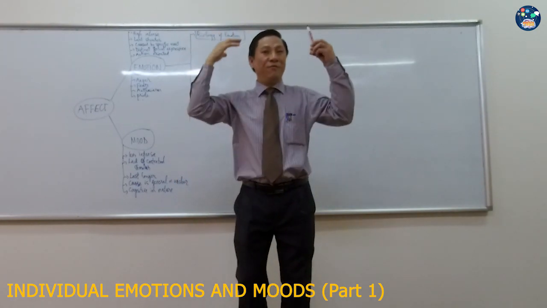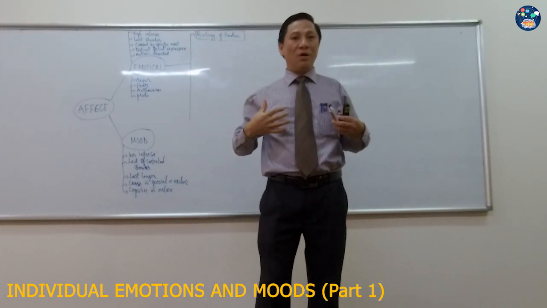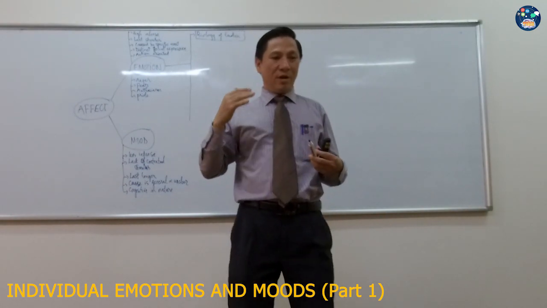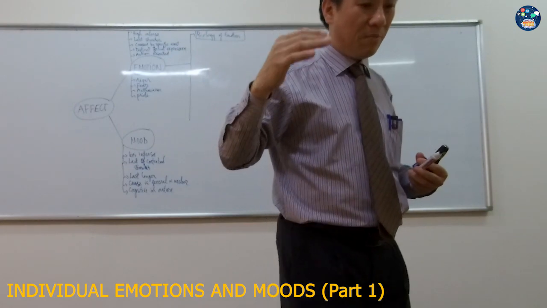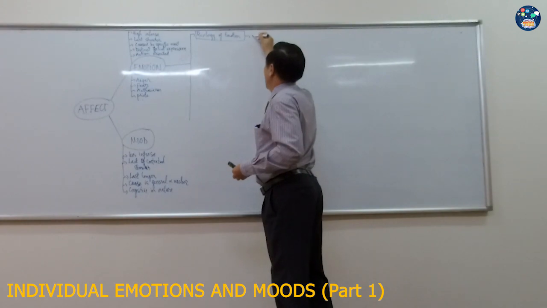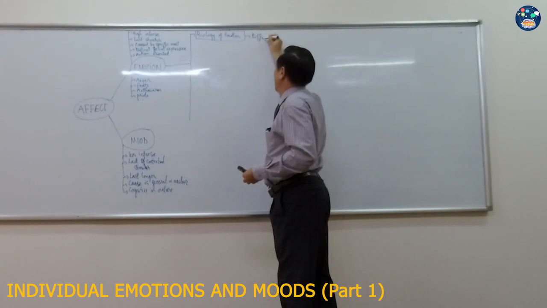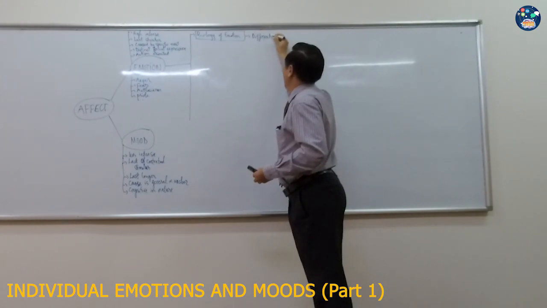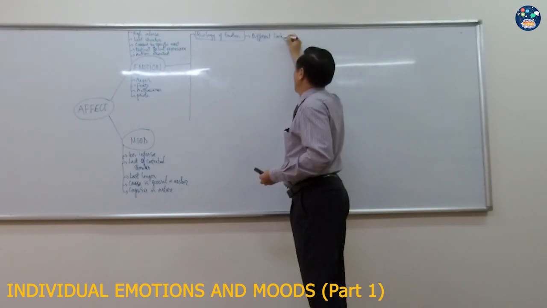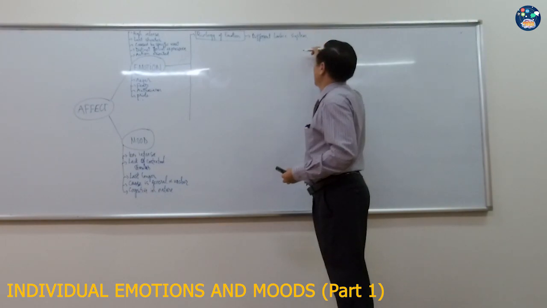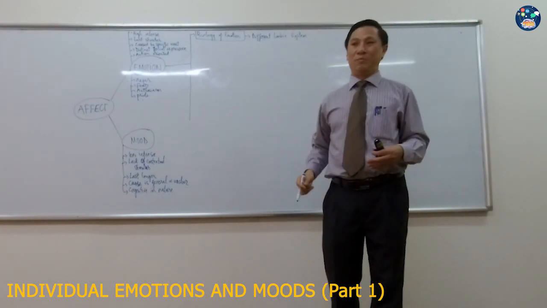In our physical, biological body, we have a limbic system. People find a different limbic system between men and women.